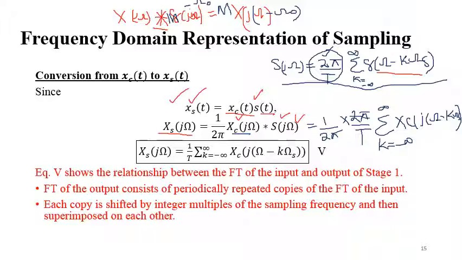So the 2π cancels with 2π, so you get 1/T, which is here, and then you sum it, again the summation is there, and that's the shifting.